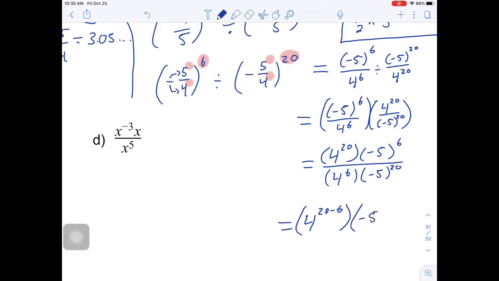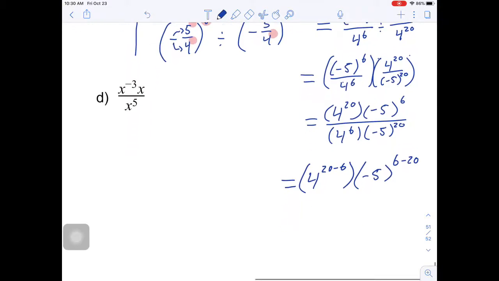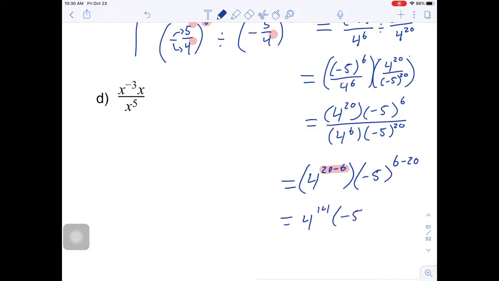Here will become negative 5 to the power of 6 minus 20. And from there, 20 minus 6 gives me 4 to the power of 14, multiplied by negative 5 to the power of negative 14, right? 6 minus 20 is negative 14.